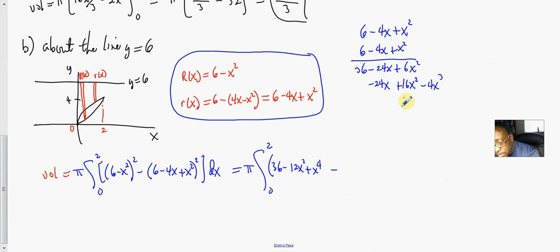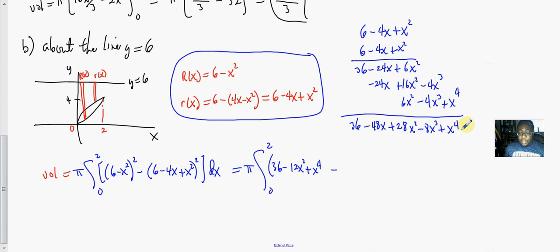So that's 6x squared minus 4x to the 3rd plus x to the 4th. So we get 36 minus 48x plus 28x squared minus 8x to the 3rd plus x to the 4th.